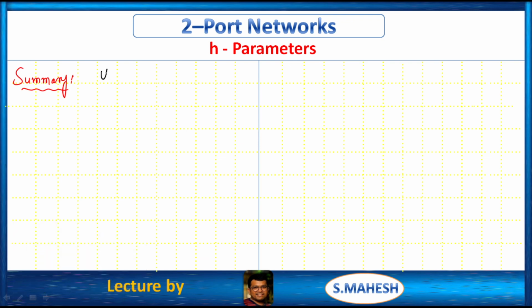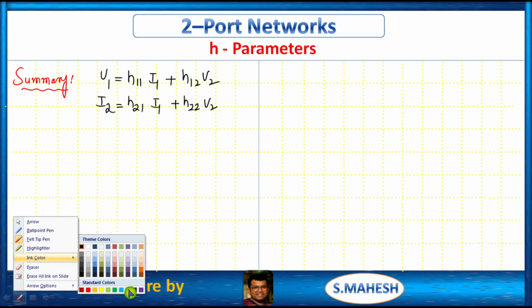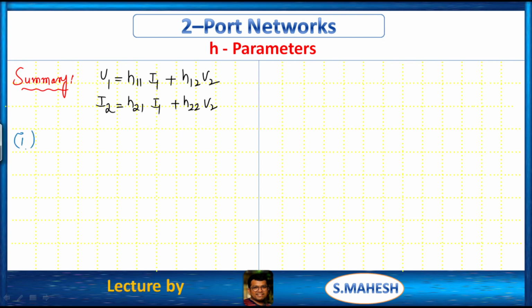We have V1 equals H11 I1 plus H12 V2, and I2 equals H21 I1 plus H22 V2, right? So from this, by short circuiting the output port, we have H11 equals V1 by I1.